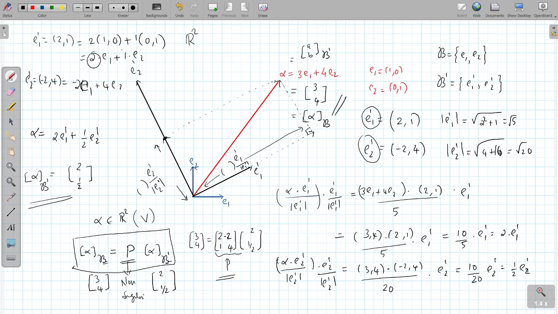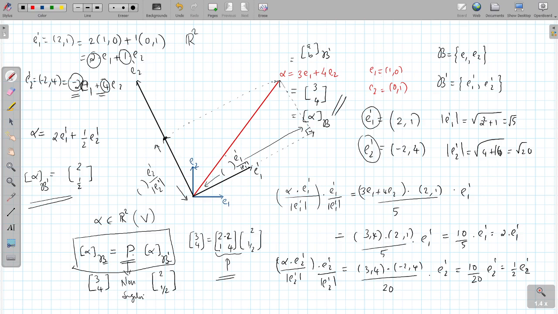So using these coefficients, I constructed this P. P has first column (2, 1), obtained from these coefficients, and the next column (-2, 4) is obtained by taking these coefficients. These are the coordinates of e1 prime and e2 prime relative to the basis e1, e2.